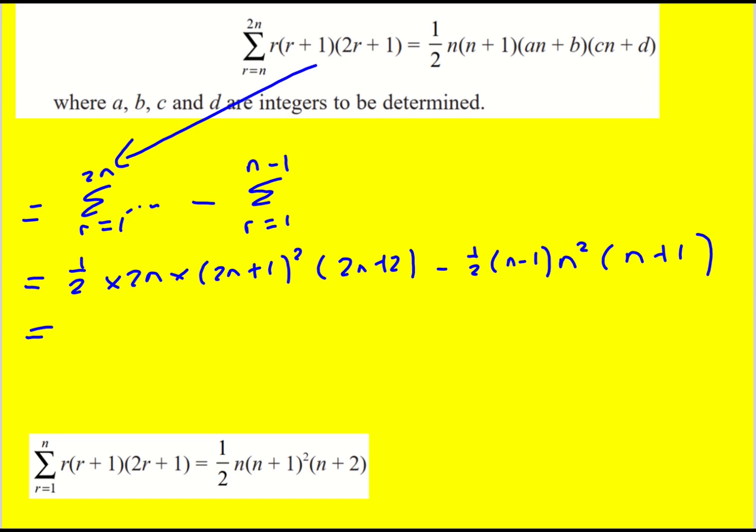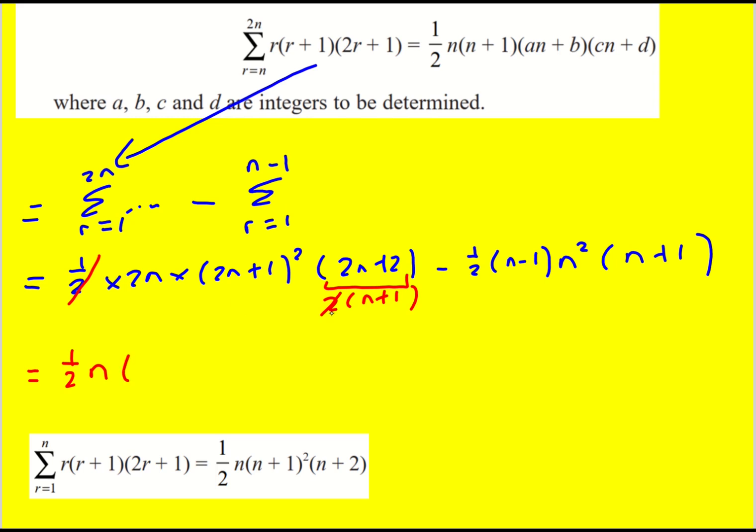So what to do? I'm going to factorize out. Now I can rewrite this as 2 lots of n plus 1 and cancel them out. And then I will factorize out a few terms. A half, first of all, because they have that in the answer, and n, because that is a common factor.